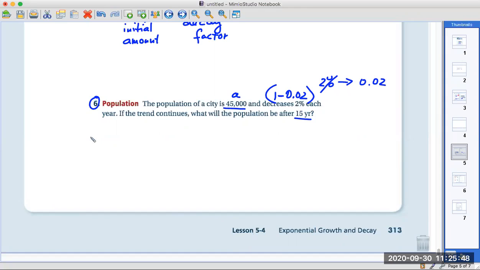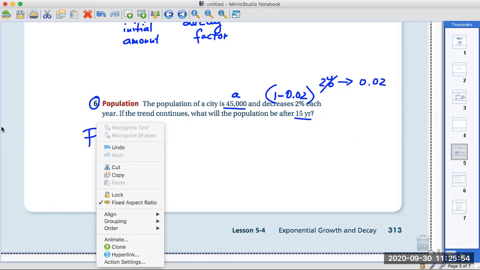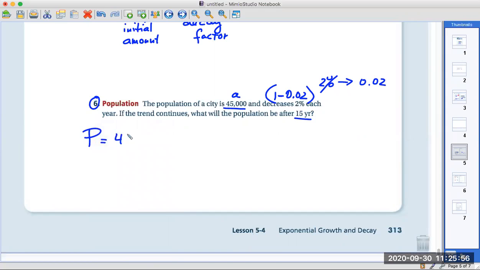So I'm going to write my equation with different variables. I'll call it P, because that's the population, just to mix things up and show you you can do that. 45,000, my 1 minus 0.02 raised to the power of T. T stands for time, because it's years.